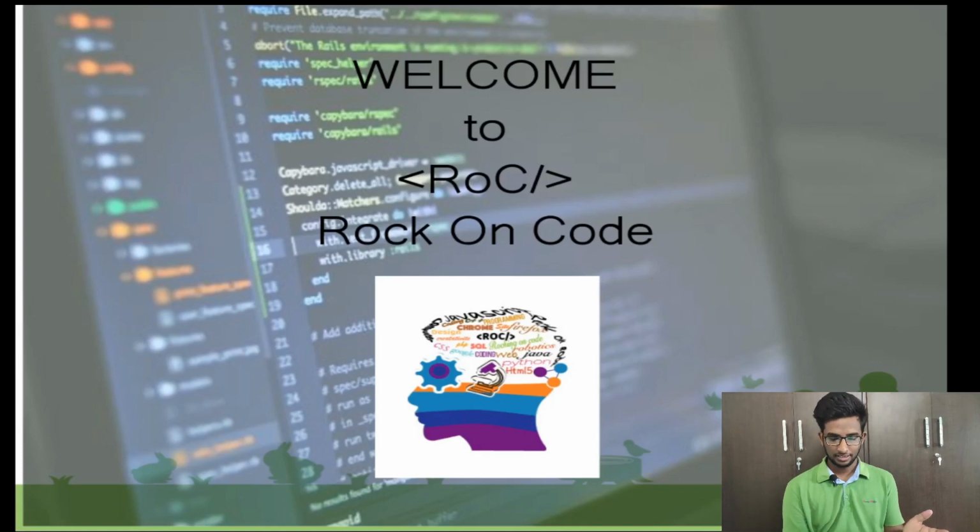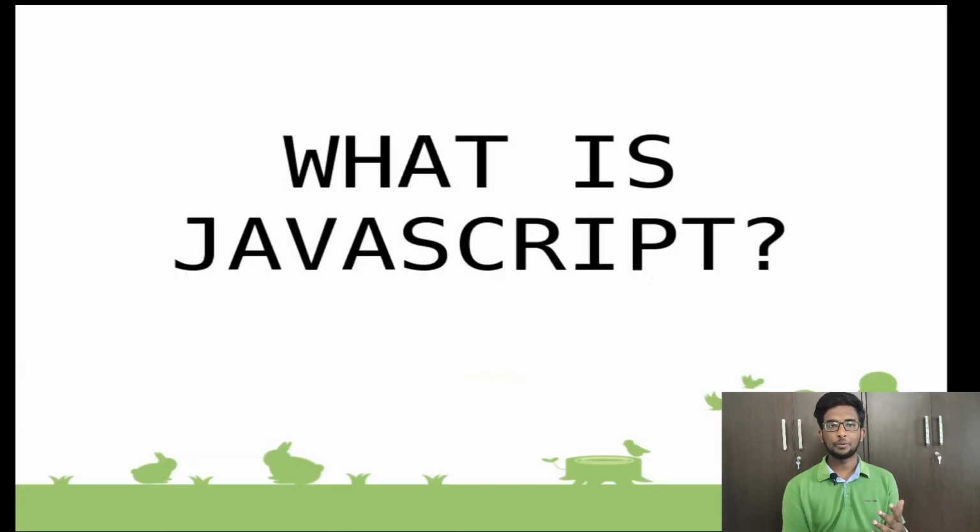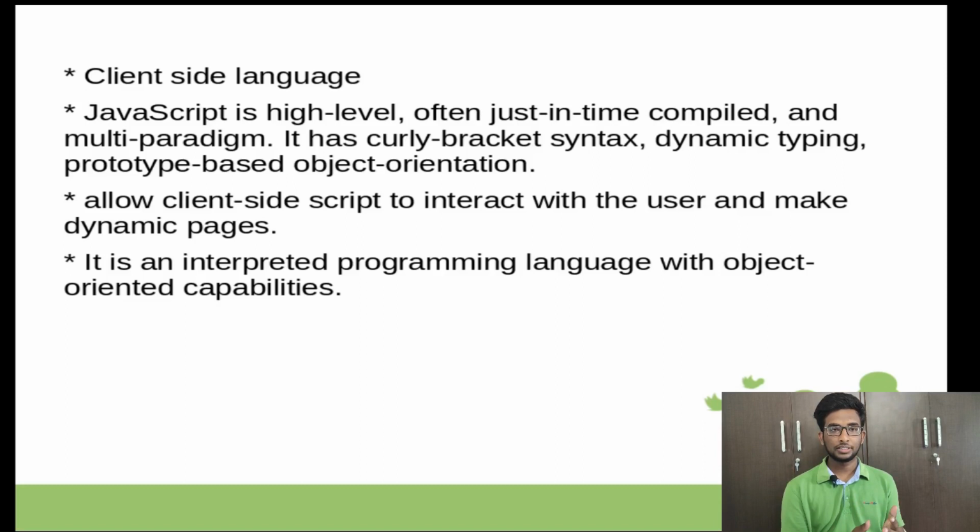We can call it that because it allows the user to interact with web pages and helps you make dynamic changes. It also has object-oriented capabilities, and it can be typed both dynamically and statically.